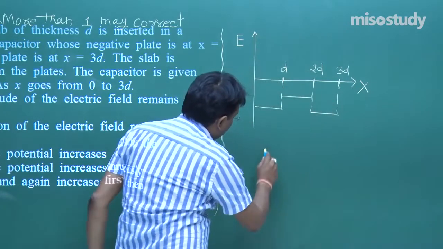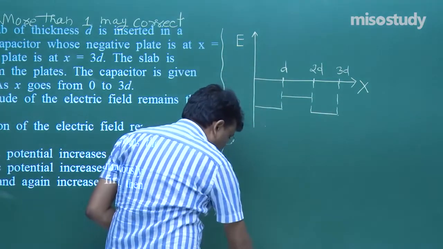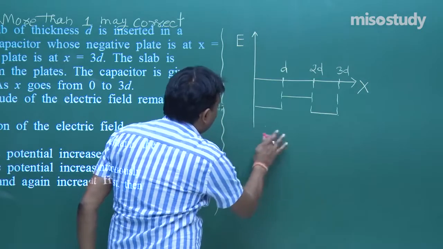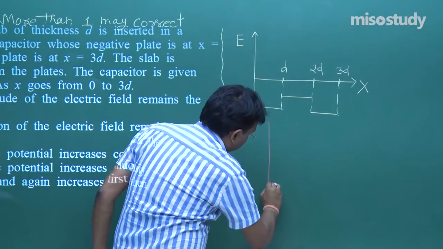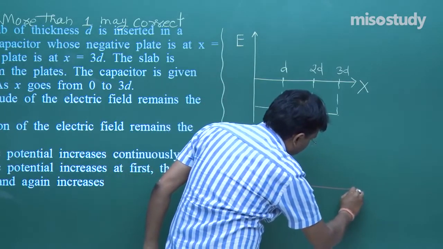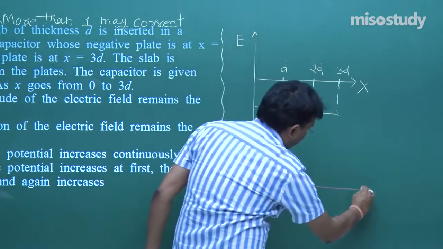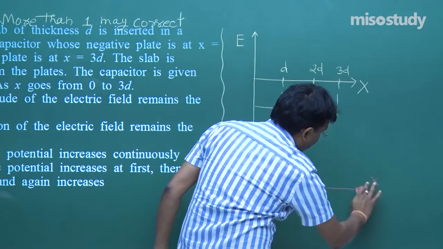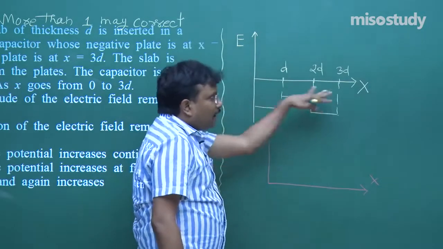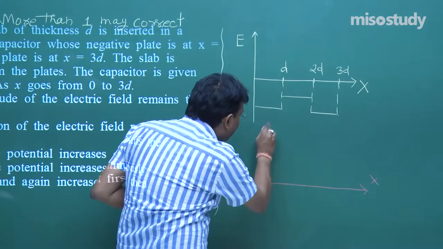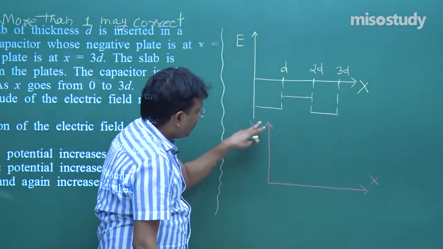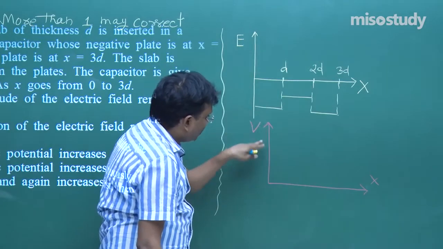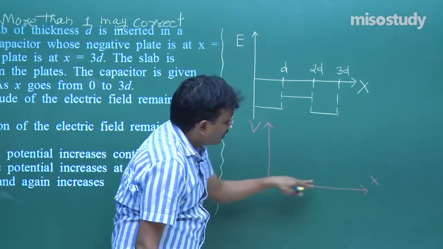Fine. Now let us talk about the potential, and here I think I should use a different color chalk. So it is x, because everything is varying with the x axis, and it is potential V. So, the red color line is showing voltage or potential, and this is distance.